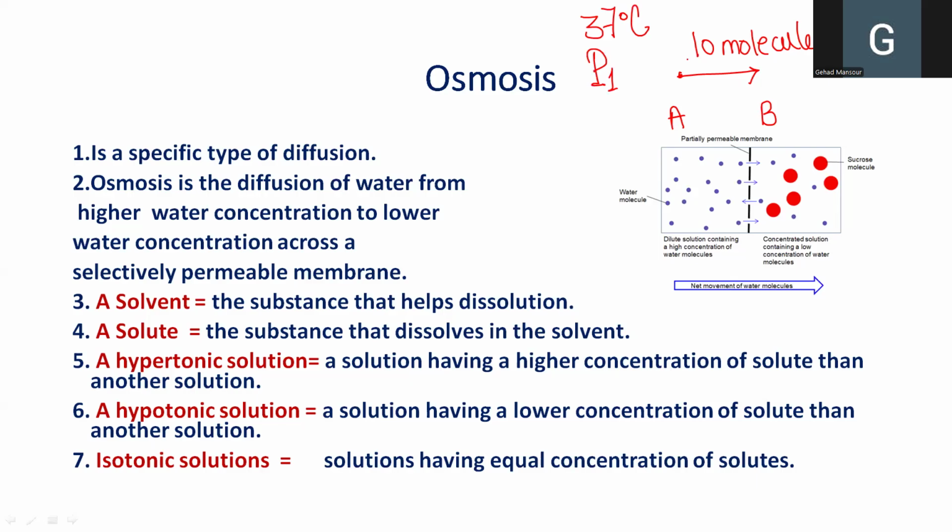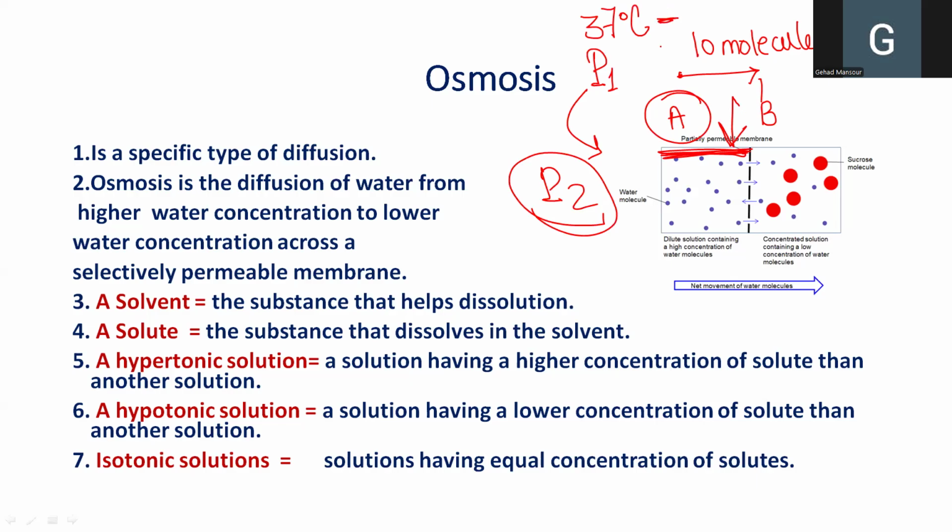So if you increase the pressure on solution A, with a piston or a flexible membrane, and you push downwards to raise the pressure from P1 to P2, and you keep the temperature and everything else constant, this will help more water molecules to pass. And you will find that more molecules of water pass per second from side A to B.